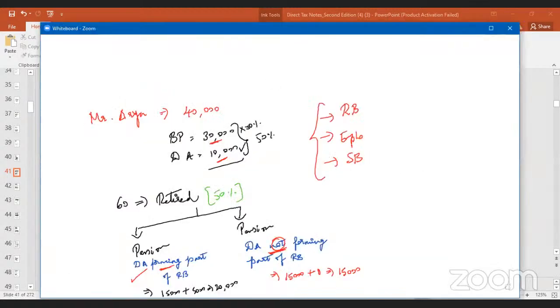Now, many have a doubt regarding how to compute 10 months of average salary. We'll solve this. Take an example. 10 months salary: every month I'm receiving 12,000 rupees.